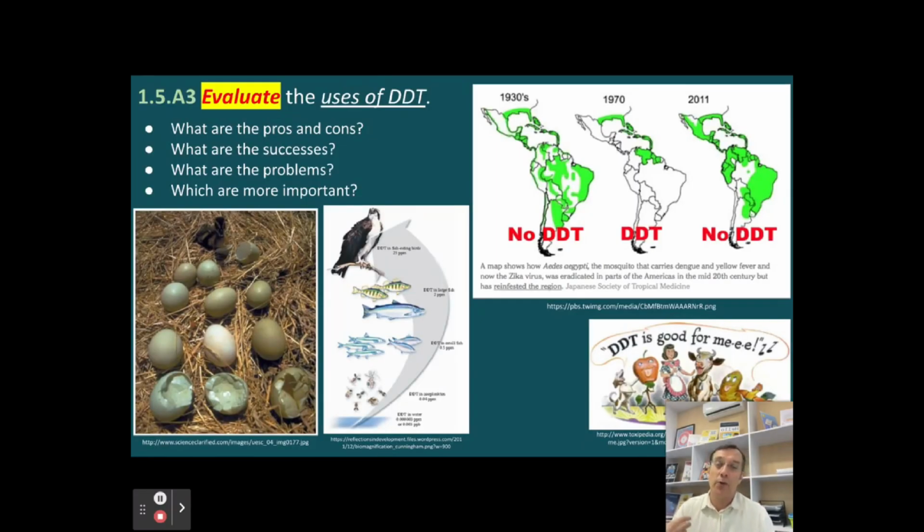And then you'll probably also encounter some kind of a question about DDT. And it generally falls into this kind of format somehow. State 1 pro and 1 con, or 1 advantage and 1 disadvantage of the use of DDT, and then evaluate its use, or describe its impact on human health, describe its impact on natural ecosystems.